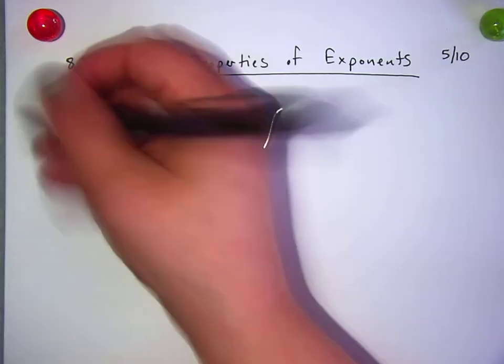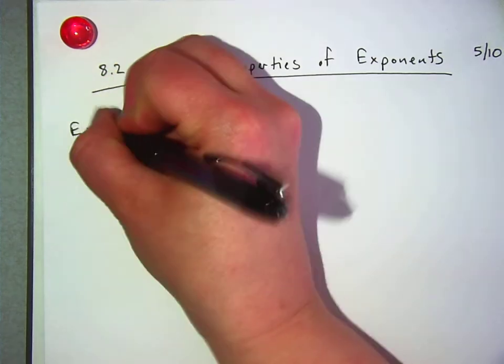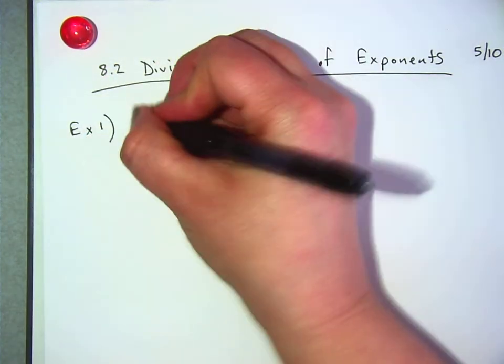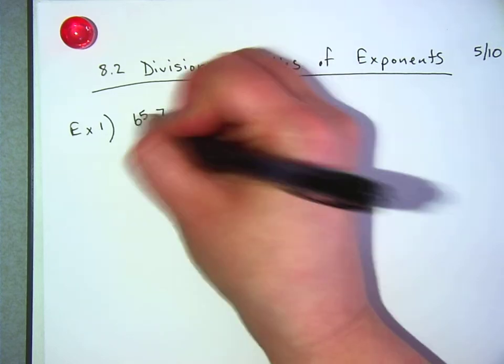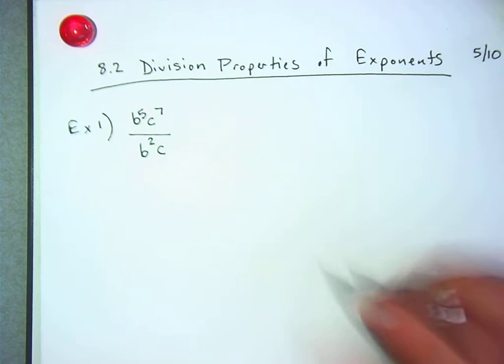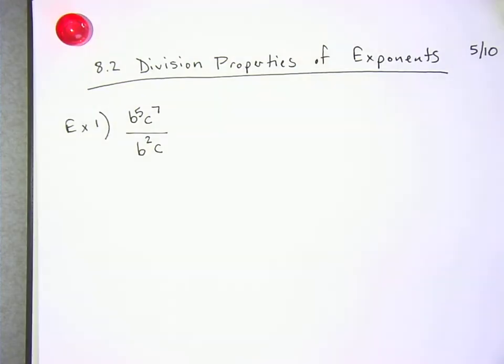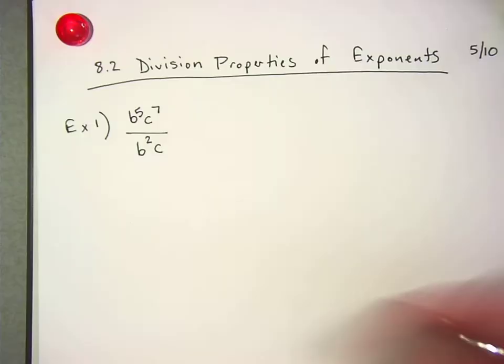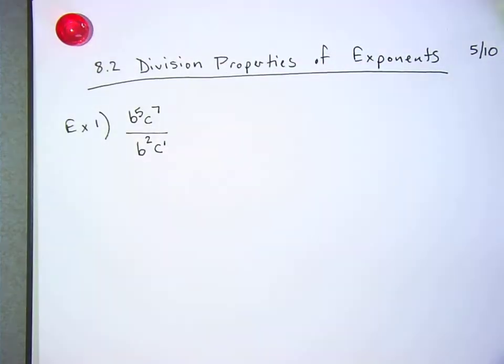All right, so next up, example 1. I'm in my notebook now. B to the 5th, C to the 7th over B squared C. All right, now C didn't have an exponent, so I'm putting a 1 there.